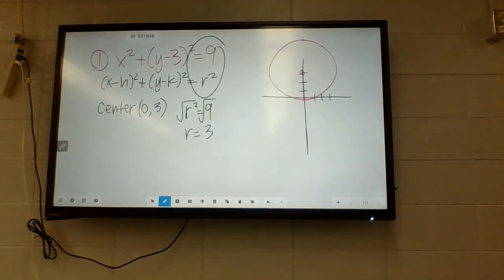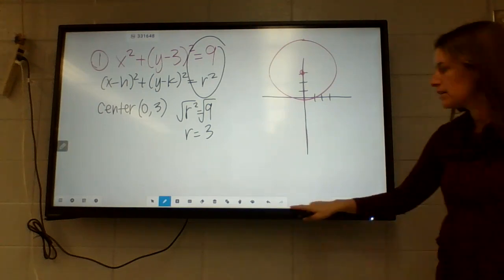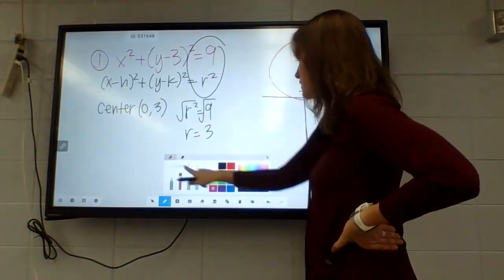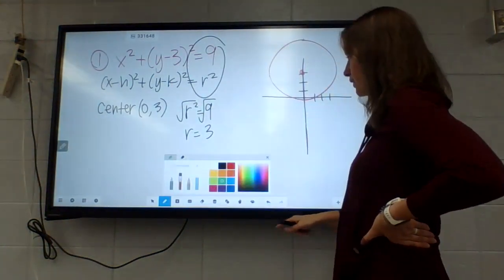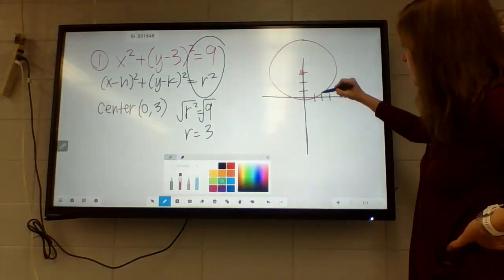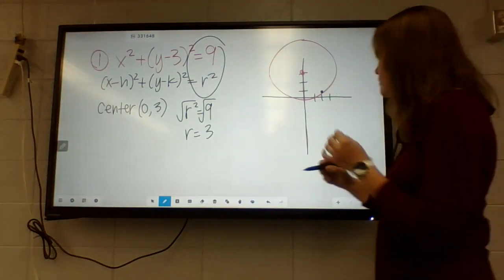Once we have our circle, not a very good circle there, we have to pick a point and check to see how close we actually got to our actual circle. Does anyone want to give me one of their points they tried? What a good point. 2, 1. So there on the circle, 2, 1.